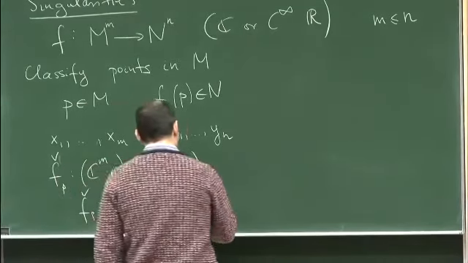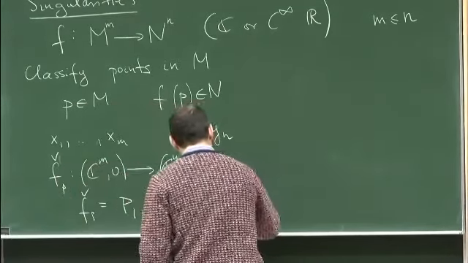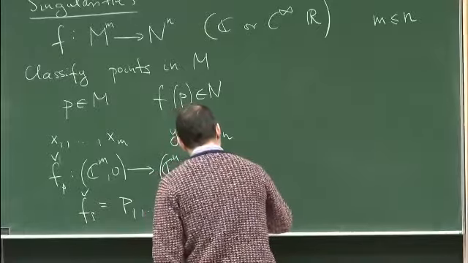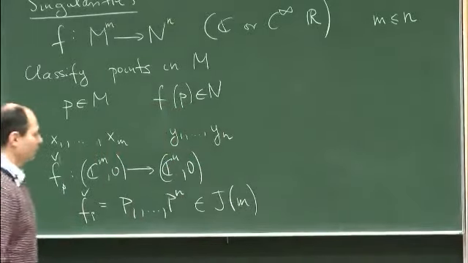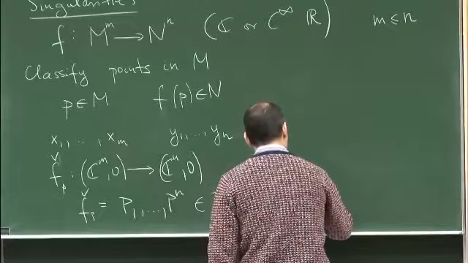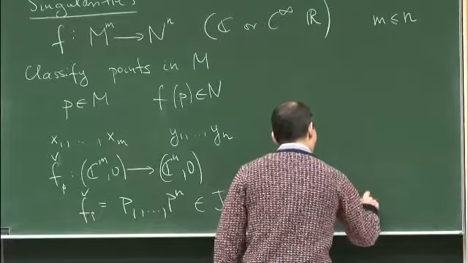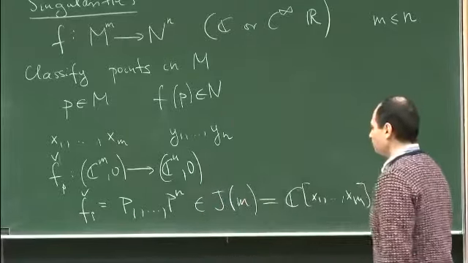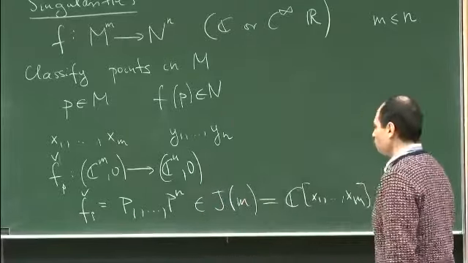I'll denote this set by J_m, with infinite jets, and I'll think of them as power series in m variables, which don't have a constant term, because I choose coordinate systems which are centered at these points.